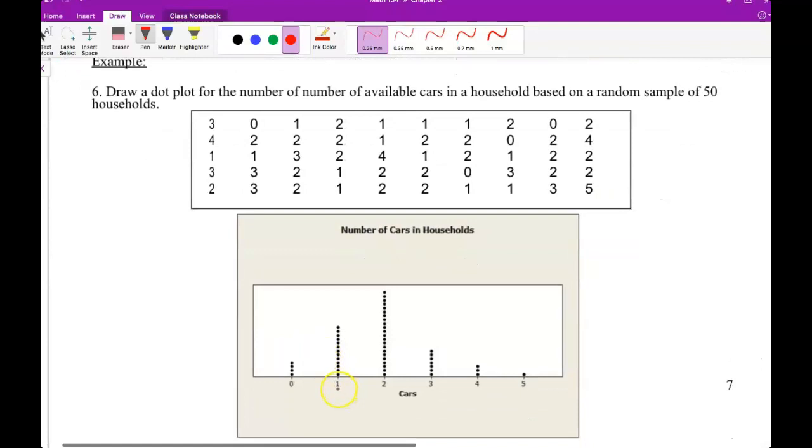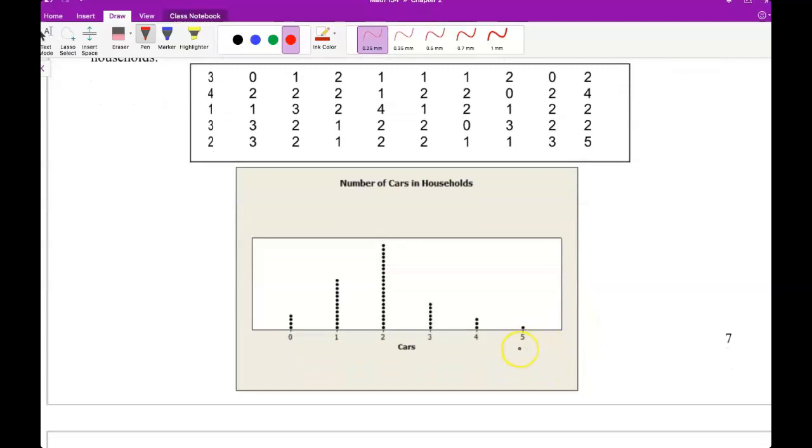And then for 1 car, the frequency was 13, so we have 13 dots here. This one was 2, here we have 7 dots. For 4 cars we have 3 dots. And for 5 cars the frequency was 1, so we have 1 dot above that number.